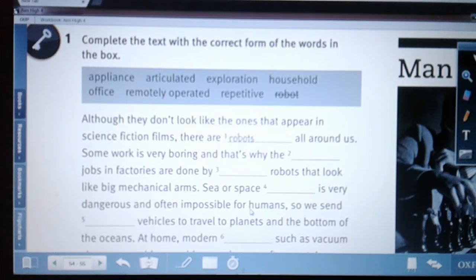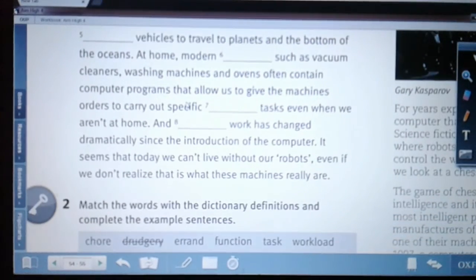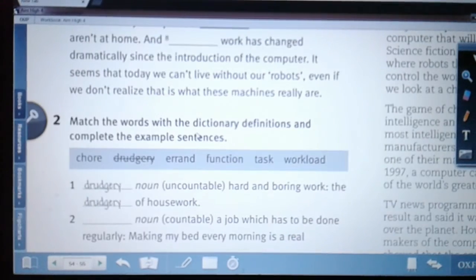So you can see that from robot in singular form, it turns into robots, since the to be that is used there is are. So please do this part and read the text first before filling in the blanks.